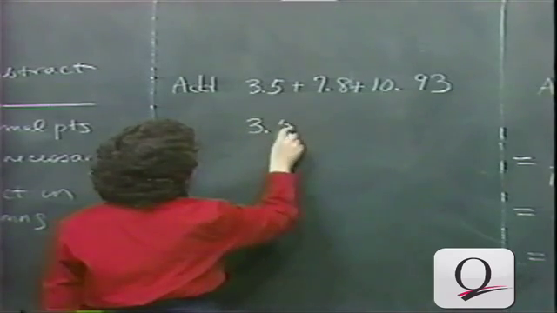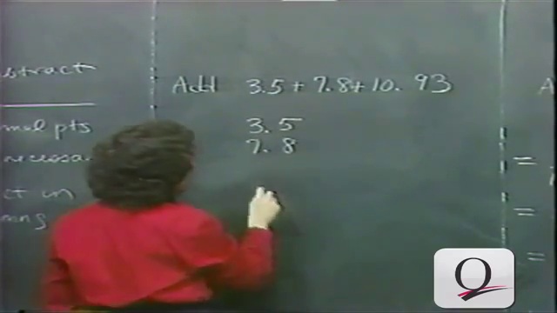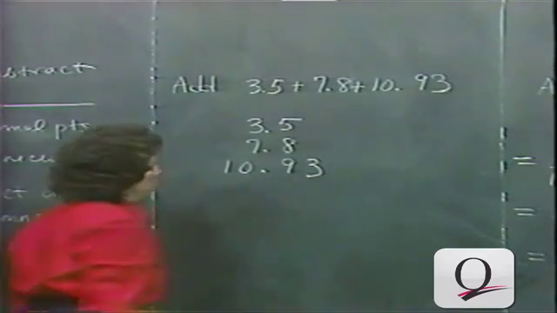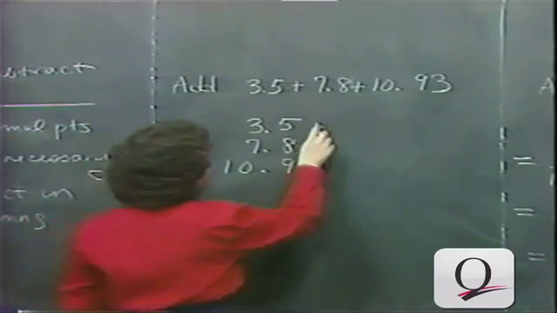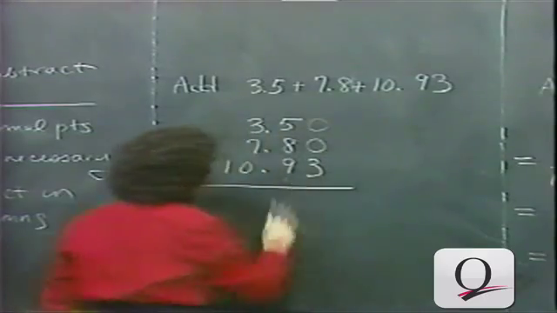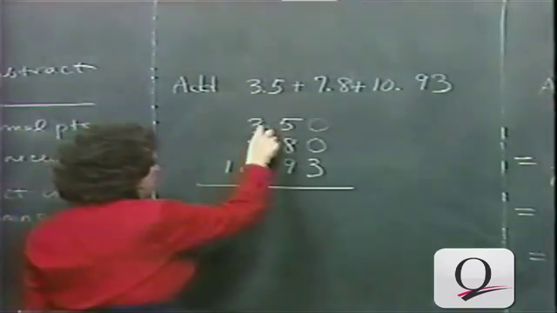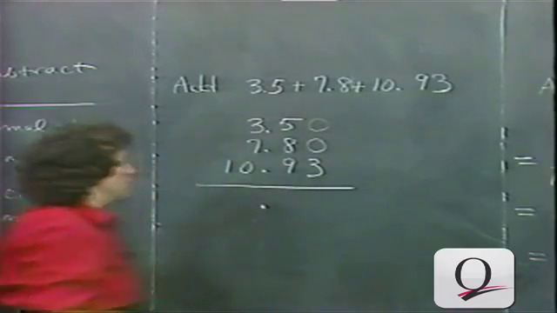So 3.5, under there 7.8, and then 10.93. The decimal points are all lined up. If it makes you feel better, you may add zeros here. However, it's not crucial. It's needed really more in subtraction problems. Immediately put the decimal point in your answer directly under this column of decimal points.